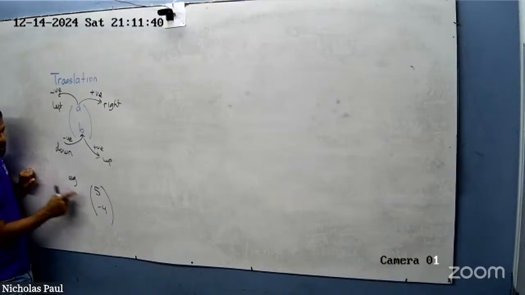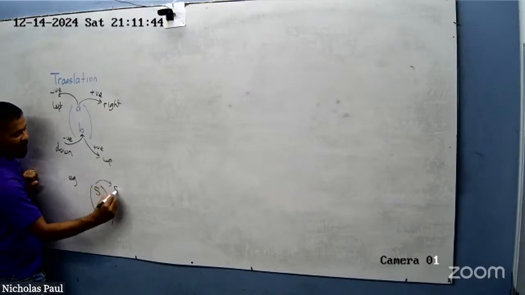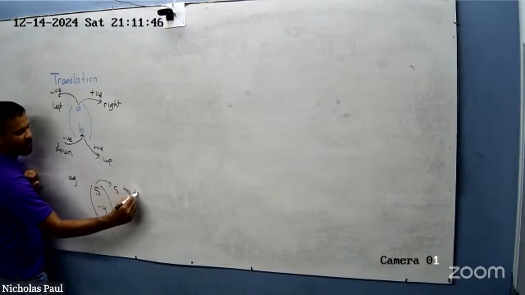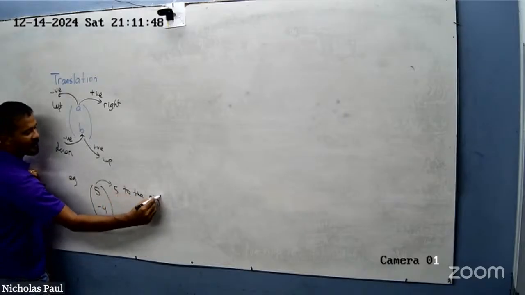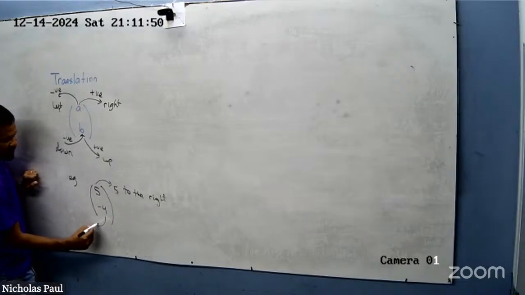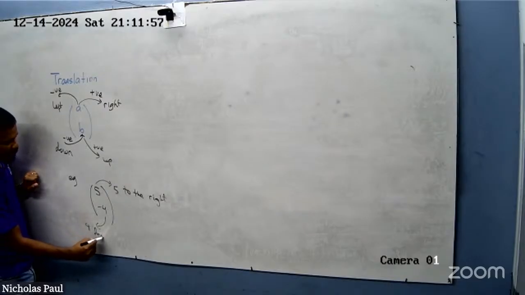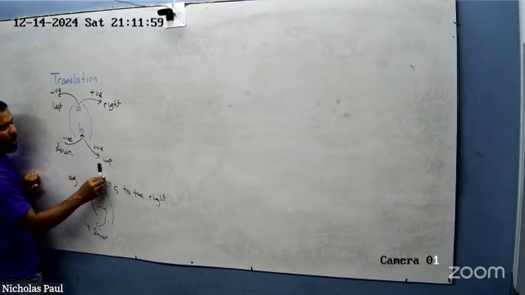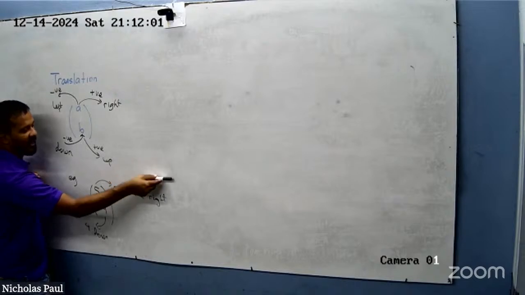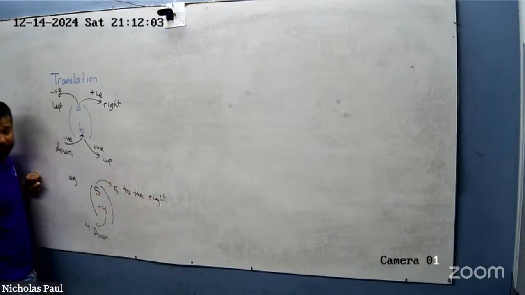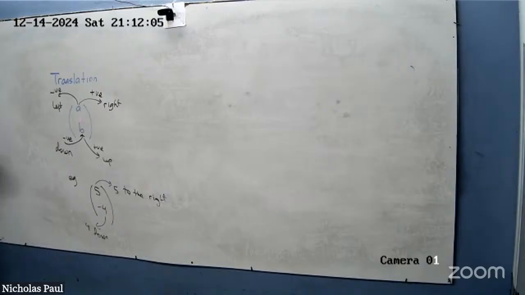Right. 5, so it's sliding 5 to the right. And this is saying what? This is saying 4 down. Right? So it will go 1, 2, 3, 4, 5, and then 1, 2, 3, 4. Okay? So that's what the slide is, right?